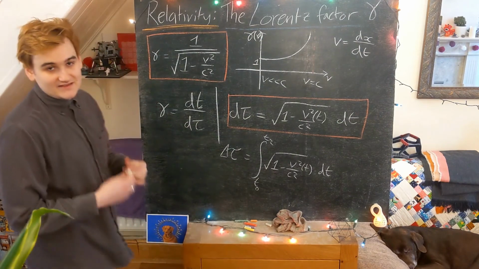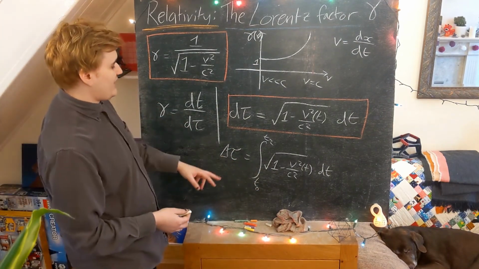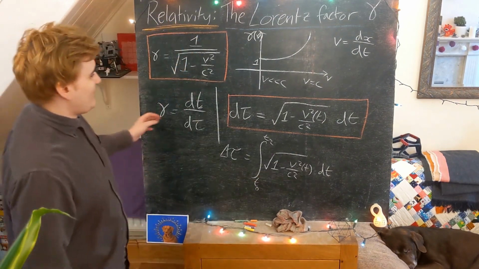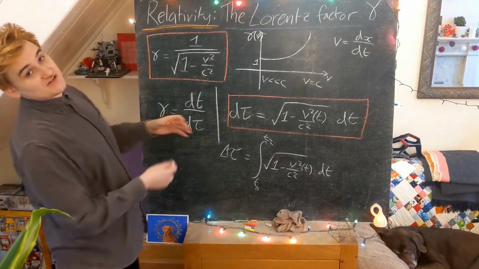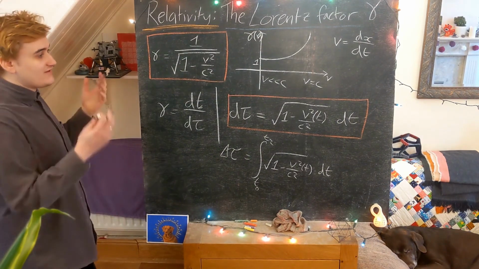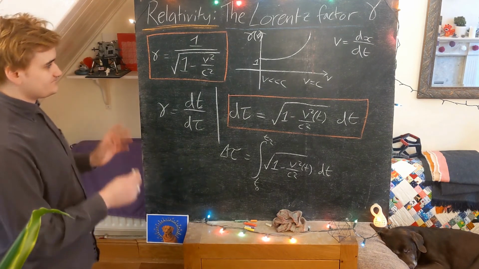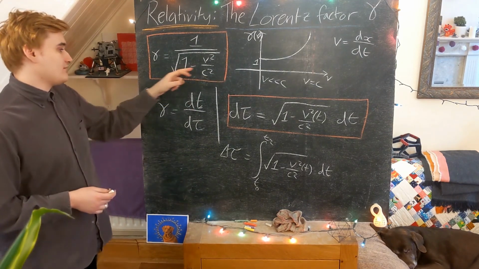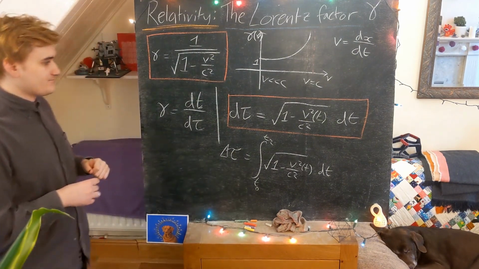The solution to this integral becomes non-trivial, and we have that delta tau is not delta t. As this velocity approaches but never actually reaches c, because if it were to reach c then this gamma would become infinite and we can no longer deal with infinite quantities, the velocity can limit up to c, and our Lorentz factor is just going to approach infinity.